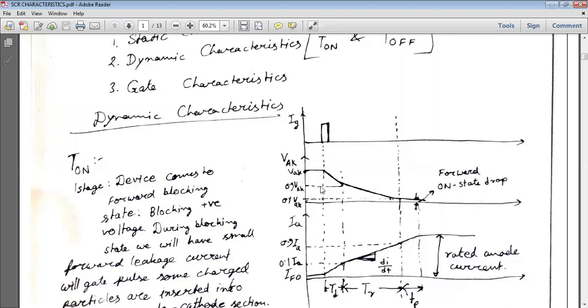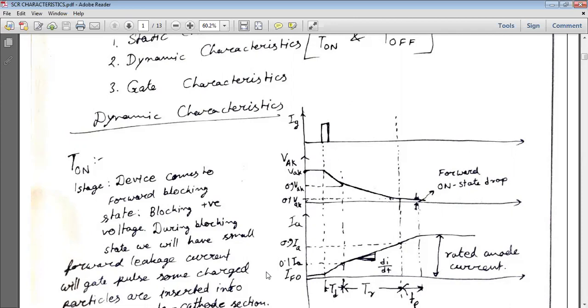Now this device, first stage is that the device comes to forward blocking state. As we have mentioned, initially the device comes to forward blocking state. Blocking means blocking positive voltage. During blocking state we will have small forward leakage current.